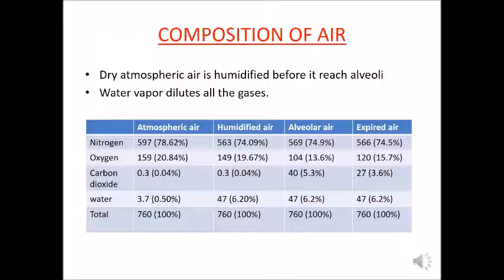Inside alveoli it will become 40. Important is oxygen. In atmospheric air, oxygen is 159. After humidification, it will slightly reduce and it will become 149. At alveoli, it will again reduce and it will become 104. So, remember various values at various locations.